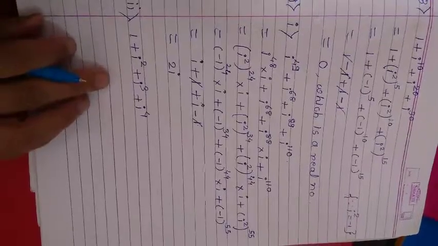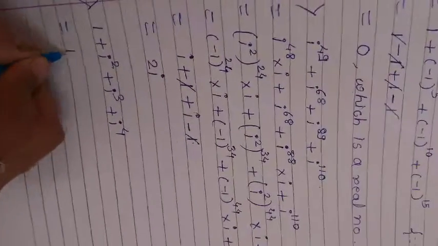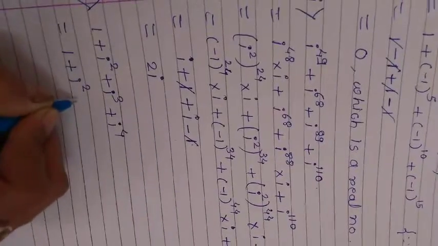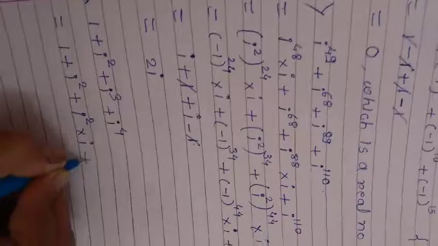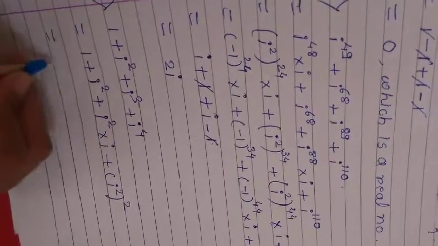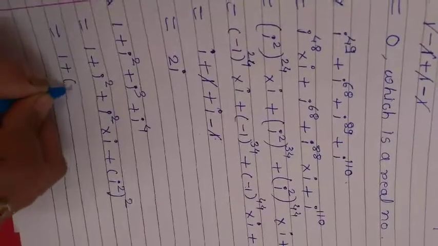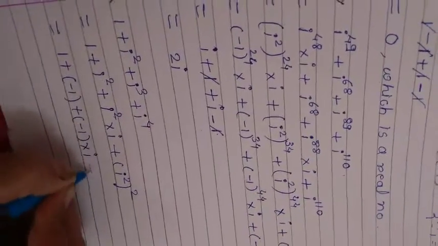Now in the second question, again we have to find the value. So this is equal to 1 plus, now this is already i square. Now i cube can be written as i square into i, plus i to the power 4 can be written as i square to the power 2. So this is 1 plus i square means minus 1, plus (minus 1) into i, plus (minus 1) to the power 2.